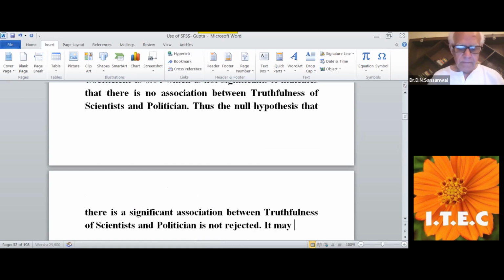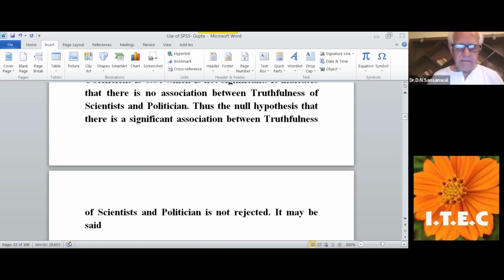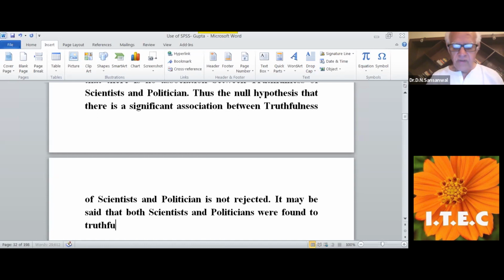It may be said that both scientists and politicians were found to be truthful to the same extent.